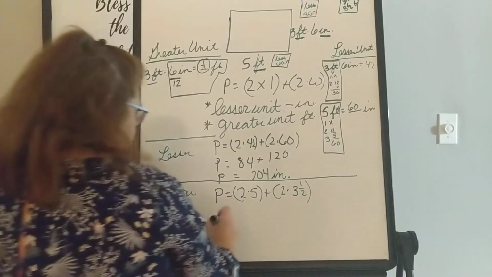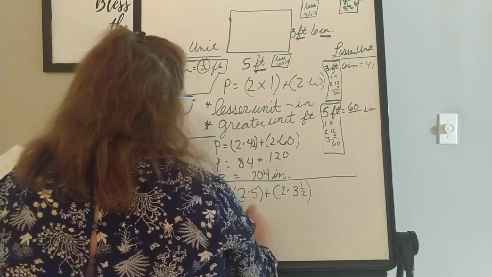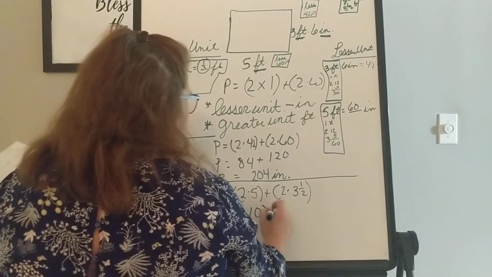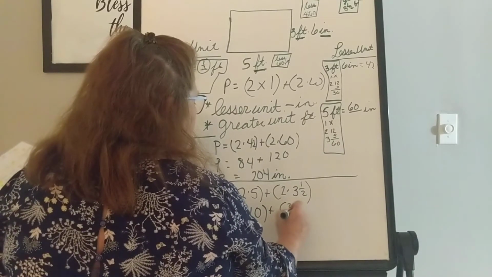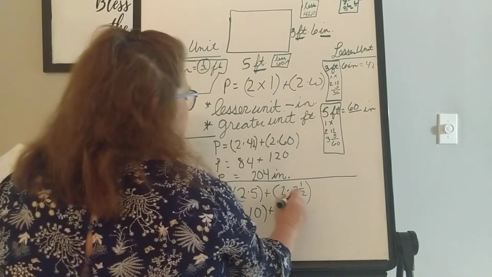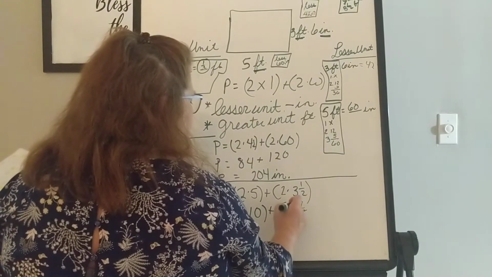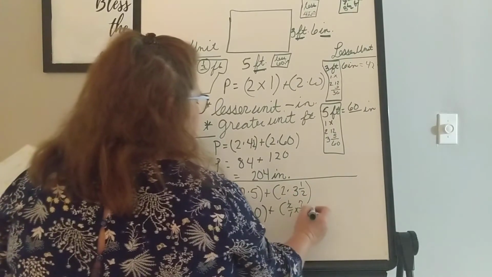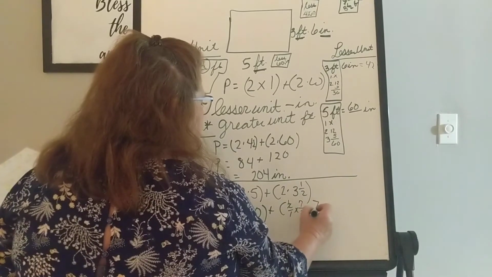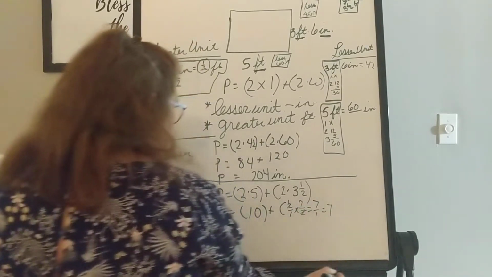So 2 times 5 is 10 plus 2 over 1 times 2 times 3 is 6 plus 1 is 7 times 7 halves. Our 1's cancel each other out. So 1 times 7 is 7 over 1, so it equals 7.